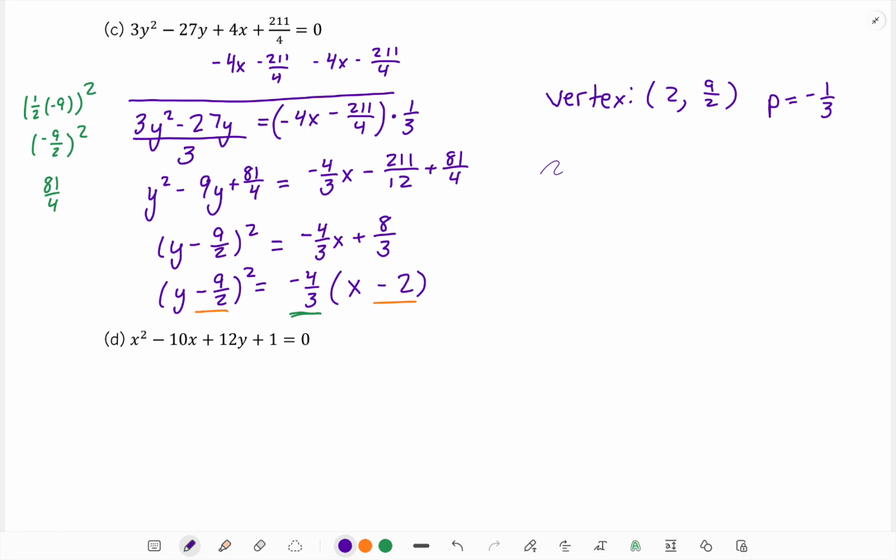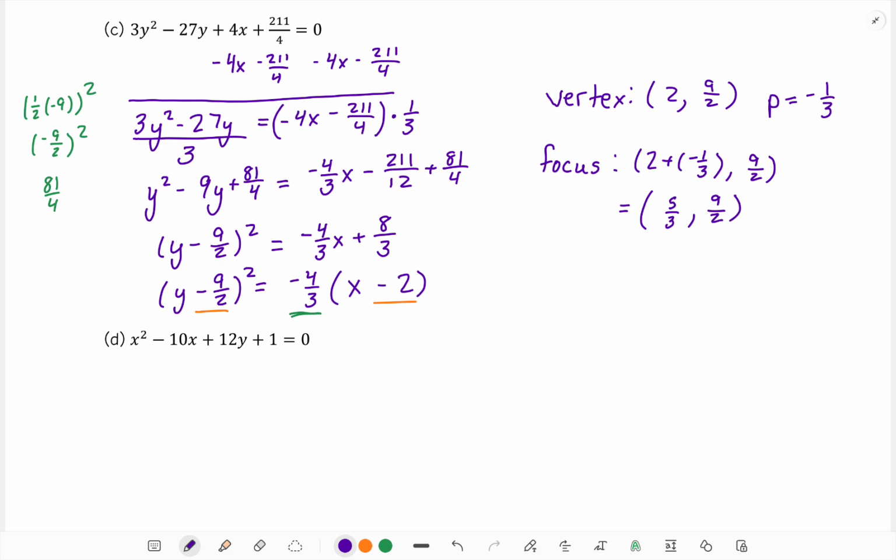So my vertex, or focus, and again, because we're going to the left, I need to add p to the x value. Two plus 1/3 will be 5/3, 9/2.